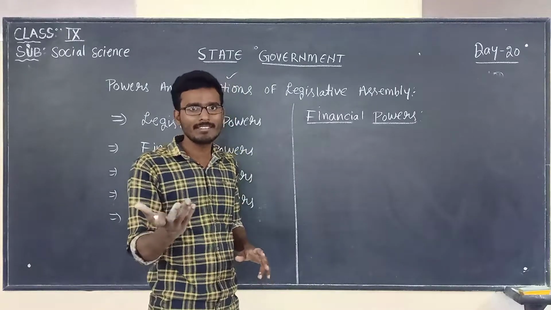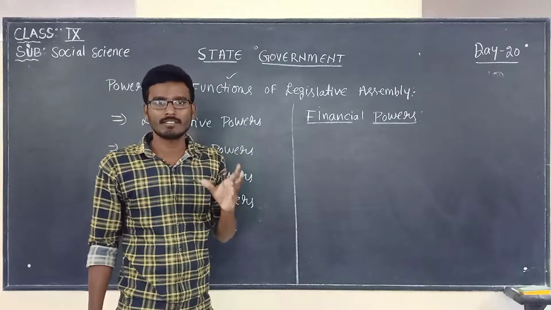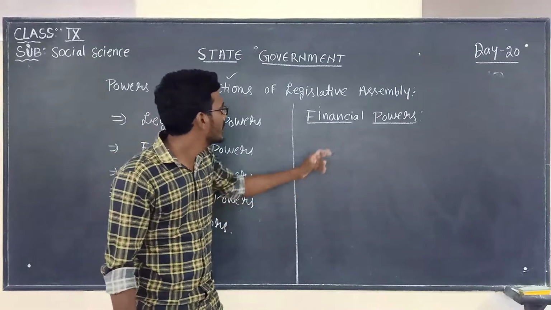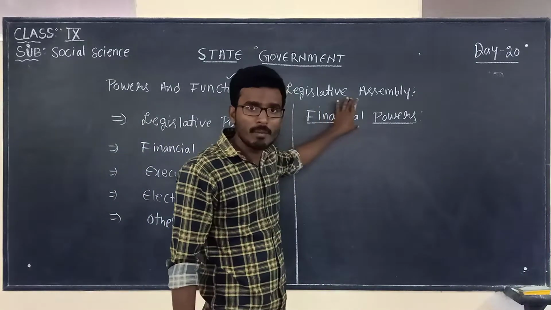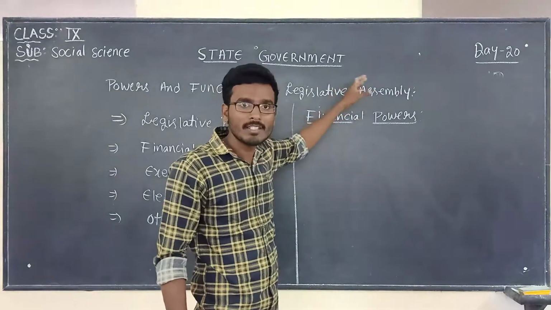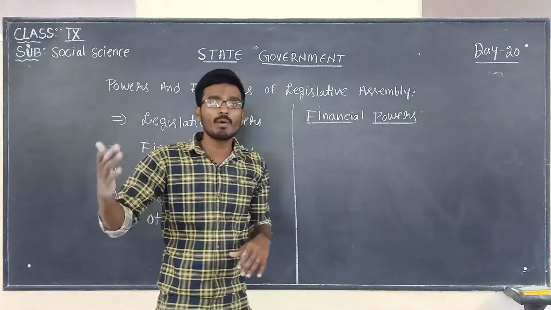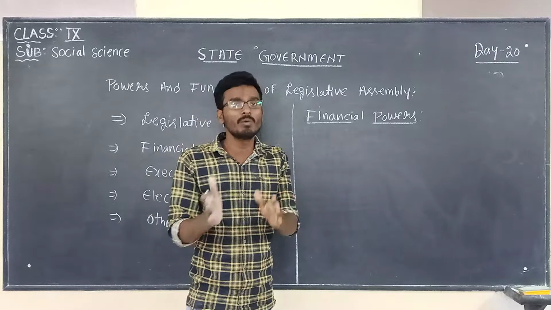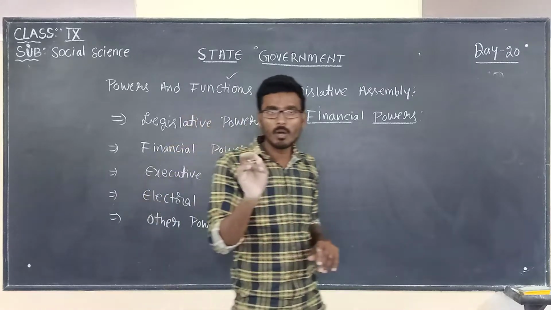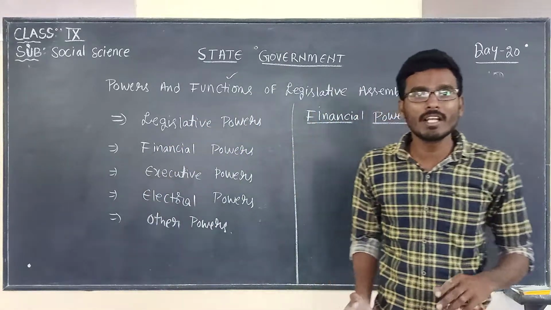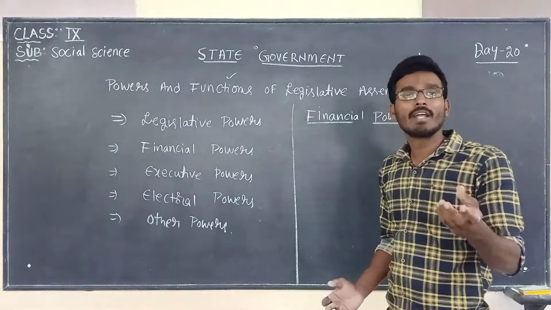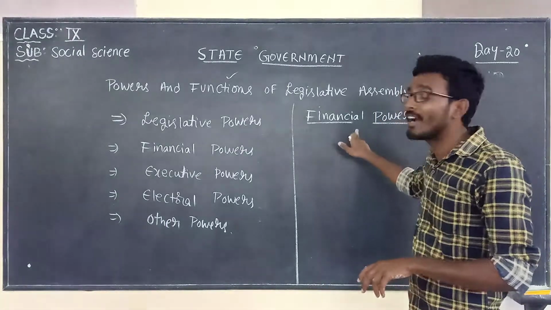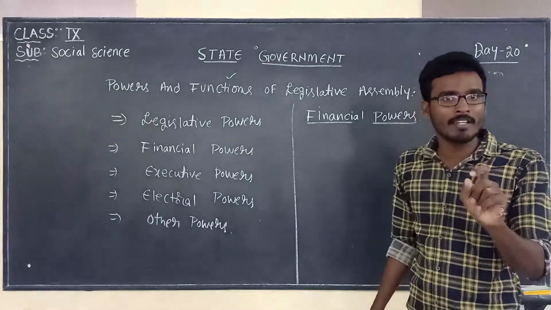Financial bill means, the best example you can take is budget matters, the government budget matters. In the financial powers, the legislative assembly enjoys more power compared with the legislative council. That means the role of the legislative council is very little compared with the legislative assembly in financial matters.